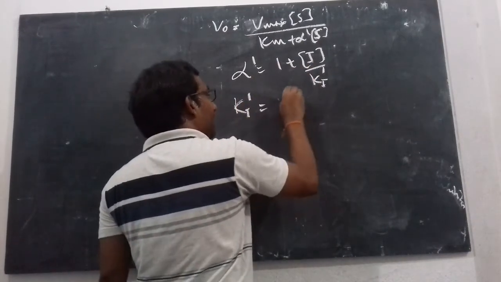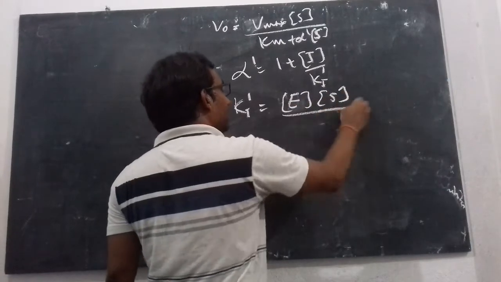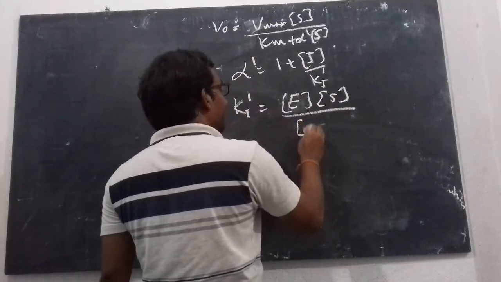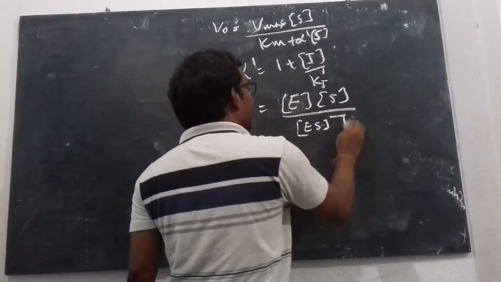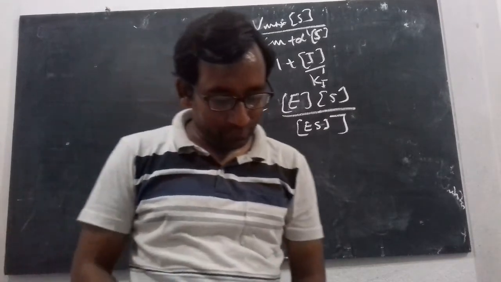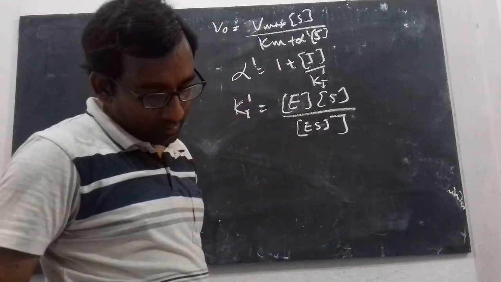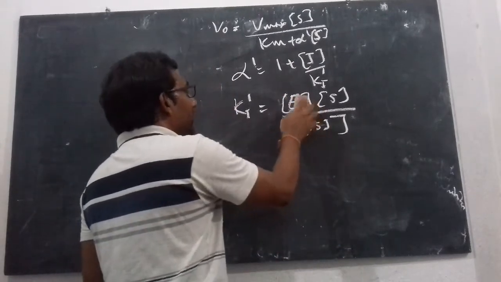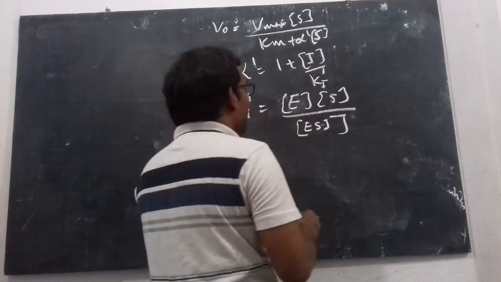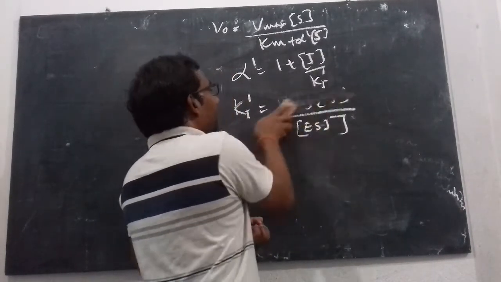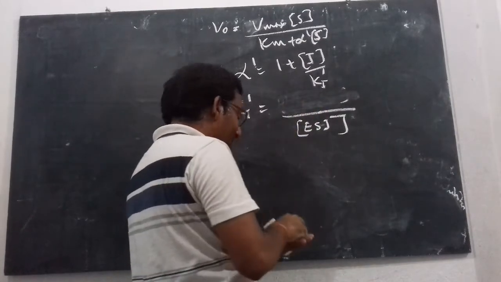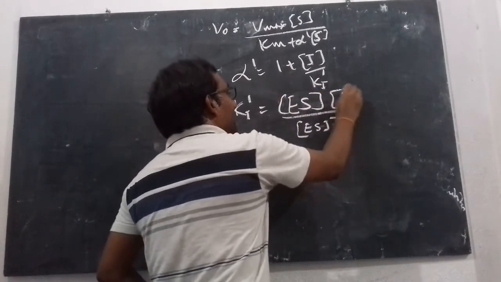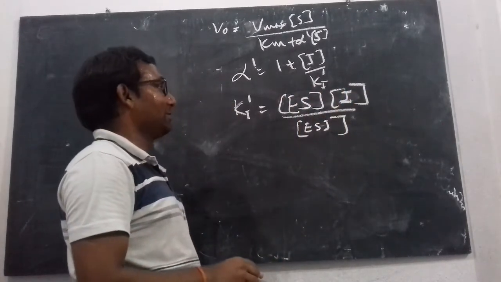Then you will write enzyme concentration into substrate concentration divided by enzyme substrate inhibitor concentration. Sorry, instead of enzyme and substrate, you have to write enzyme substrate concentration into inhibitor concentration divided by enzyme substrate inhibitor concentration.